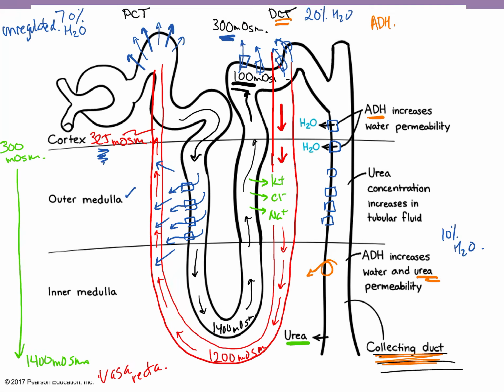And it's going to transport urea out, as you can see here, right? So the urea is going to come out into the medulla, and it's going to contribute to the osmotic pressure, about 40% of the osmolarity in the medulla is due to the urea. So 60% comes from the potassium, chloride, and sodium. 40% is going to come from the urea.